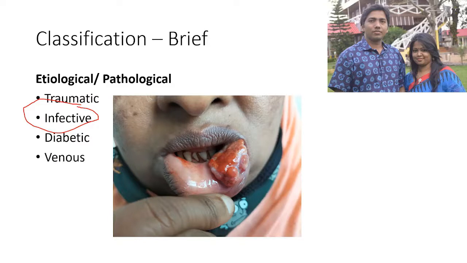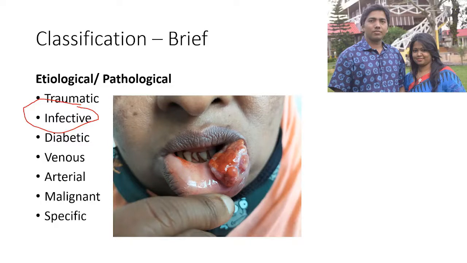That ulcer may be caused by a venous disease also, like varicose vein. An arterial disease may lead to an ulcer as well. If you find any ulcer in the distal portion of your limb, you may think that the ulcer may be due to an arterial cause, and we need to ask some questions regarding that etiology. And some ulcers may be malignant, or carcinomatous, like squamous cell carcinoma, basal cell carcinoma, or malignant melanoma.